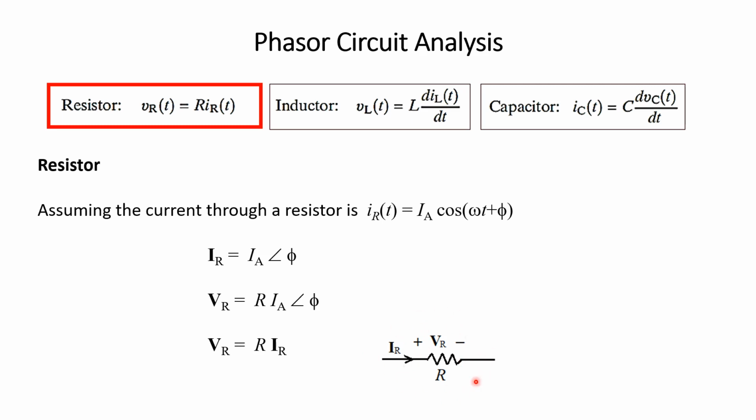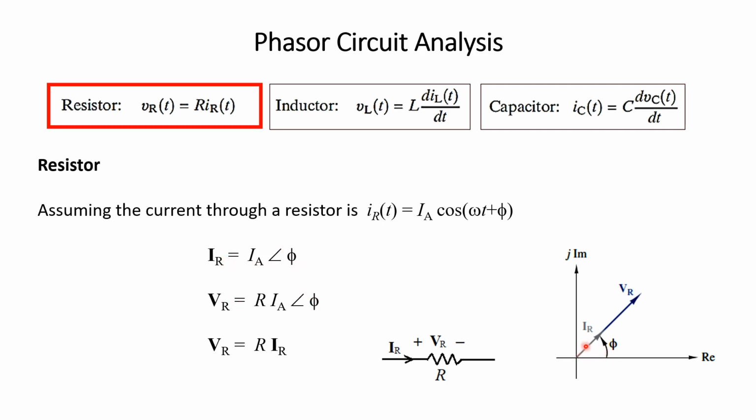If it is in the time domain, this will be v(t) and this will be i(t). Over here, the voltage and the current are in phasor representation. Note that in the phasor representation of the current flowing through the resistor, this is the angle, and in the phasor representation of the voltage across the resistor, it is only multiplied by R, so the angle is the same.